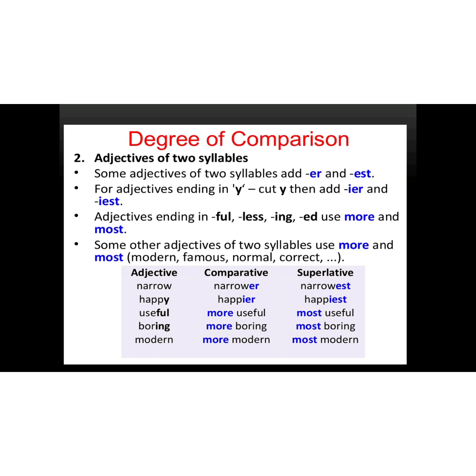Some other adjectives of 2 syllables use more and most, for example: modern, famous, normal, correct. Narrow, narrower, narrowest. Happy, happier, happiest. Useful, more useful, most useful. Boring, more boring, most boring. Modern, more modern, the most modern.